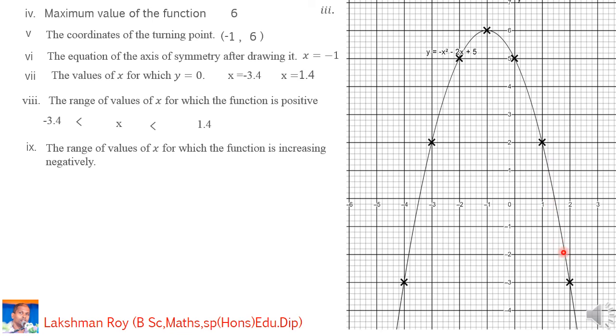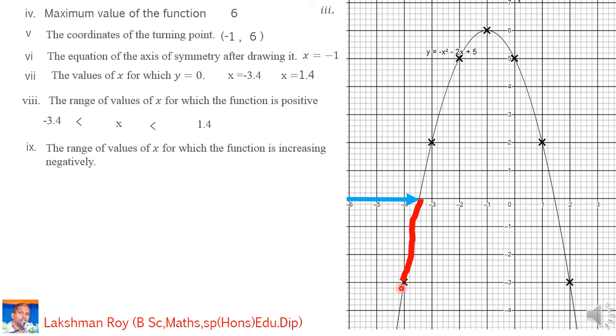Positive means above the x-axis, negative means below the x-axis. So here negatively means the below part, that means increasing negatively, that means the graph part is this small part, right? So the graph is also along this line, right? Now we want this part, so for this part we want the x range, right? So the graph moves this way, these are the points it moves.